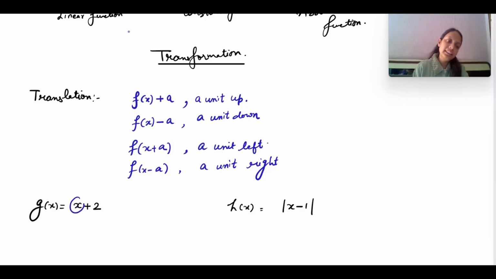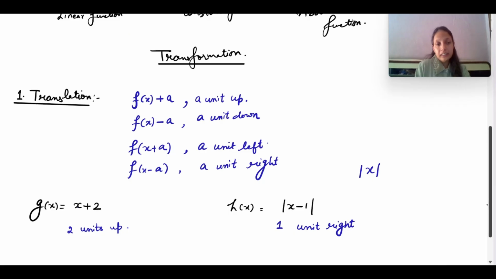We know that simple x is the basic linear function. Plus 2 is just a translation, so it's 2 units up. If you see this h(x) function, it's absolute value of x minus 1. It is 1 unit right. You can see, because we know the basic absolute value function is this. What's the difference between these two? 1 is subtracted, so it's 1 unit right.